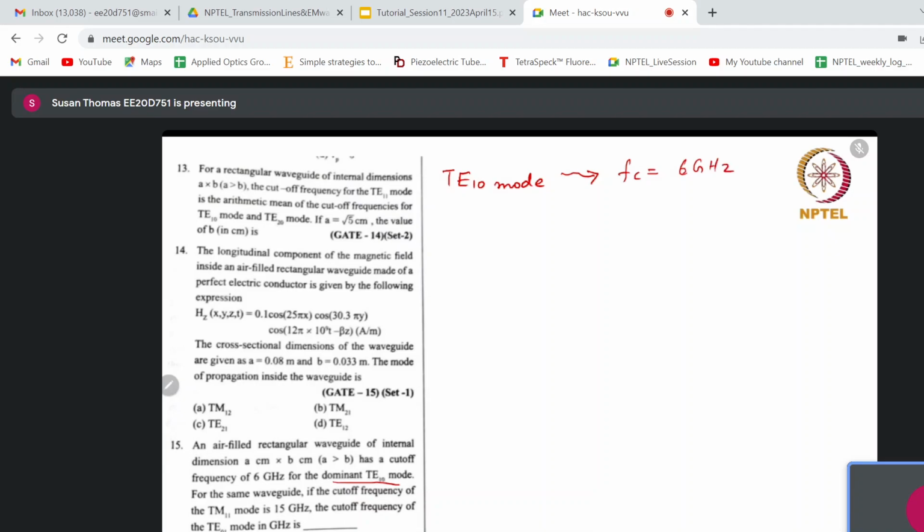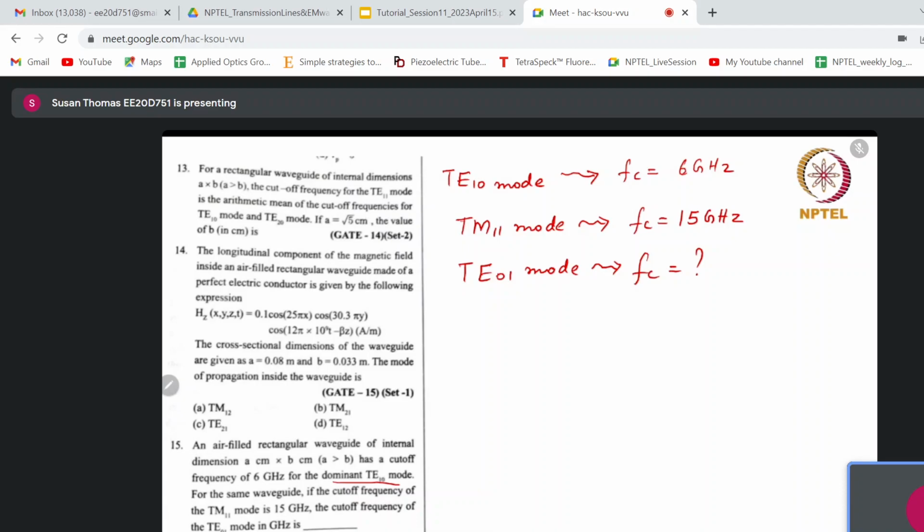For the same waveguide, the cutoff frequency for TM11 mode, FC is equal to 15 GHz. Now, the cutoff frequency of the TE01 mode is being asked.